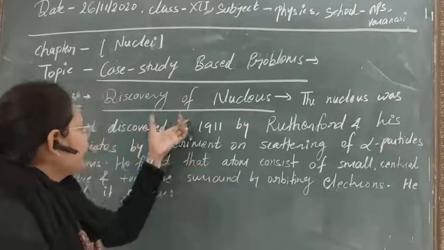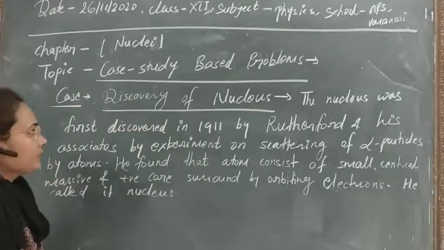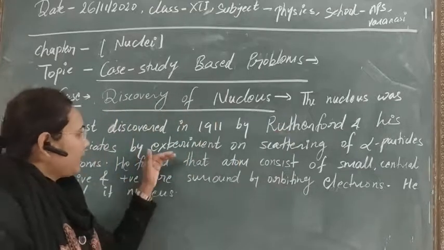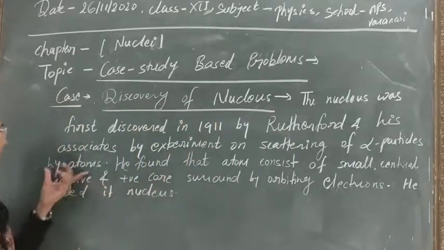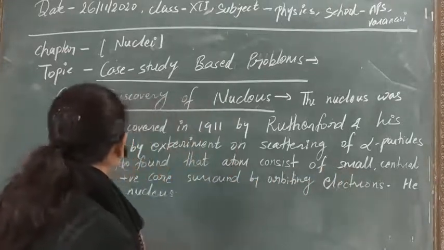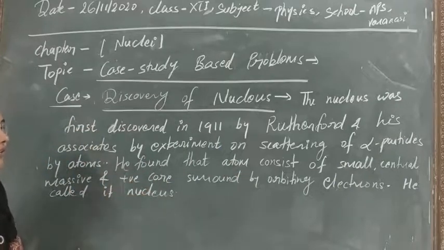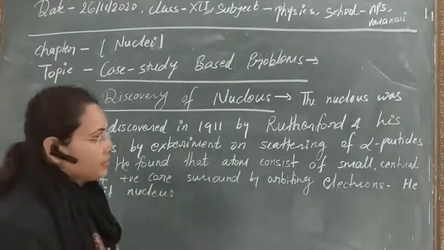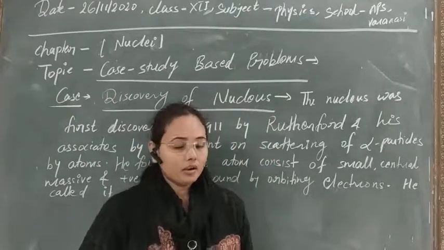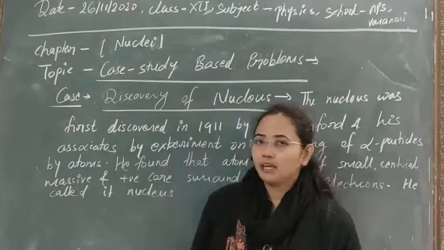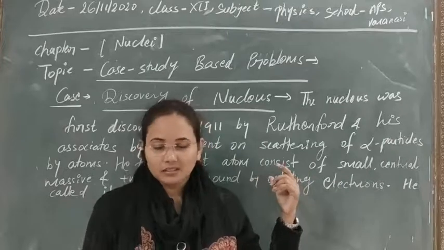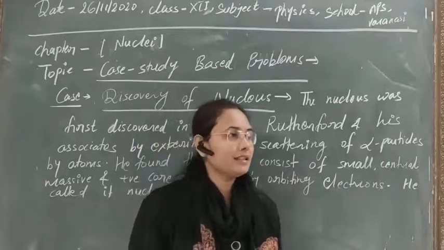So the case that we have says that the nucleus was first discovered in 1911 by Rutherford and his associates by an experiment on the scattering of alpha particles by atoms. He found that the atom consists of a small, central, massive and positive core surrounded by orbiting electrons. He called it the nucleus. The experiment shows that the size of the nucleus is of the order of 10 power minus 14 meter, and it is 10,000 times smaller than the size of the atom.